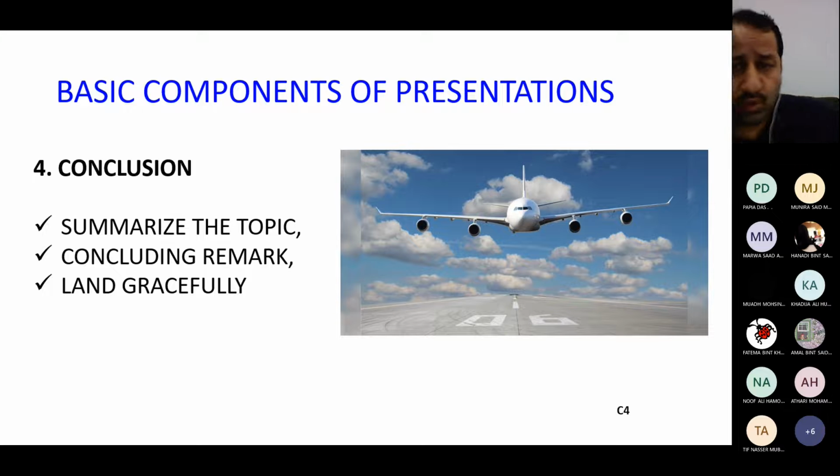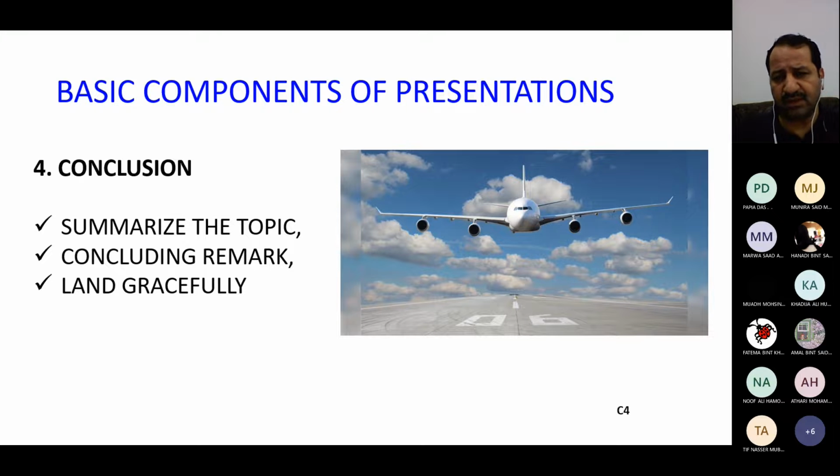And at the end, the conclusion. You are landing in the conclusion. Even if it is a short chapter, as I mentioned, the conclusion and the future work could be contained within one or two pages. But these pages are supposed to contain very carefully written statements. Don't make it like an introduction.